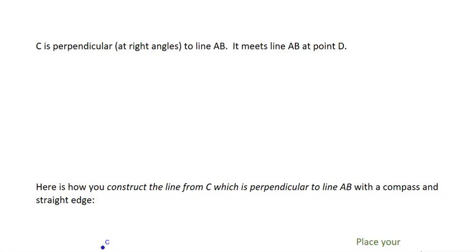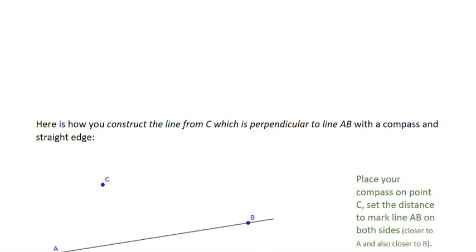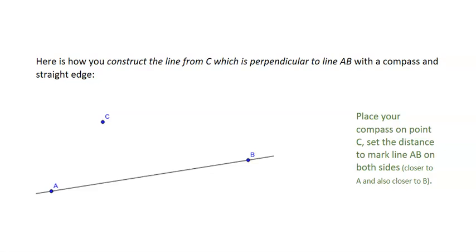Here is how you construct the line from C, which is perpendicular to line AB, with a compass and straight edge. There's your line AB and point C. Place your compass on point C, with the pivot point at C, and set the distance to mark line AB on both sides.